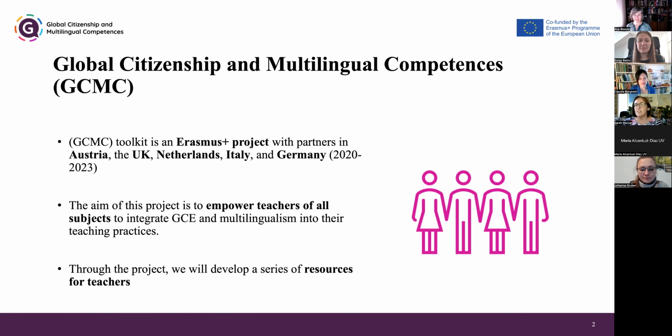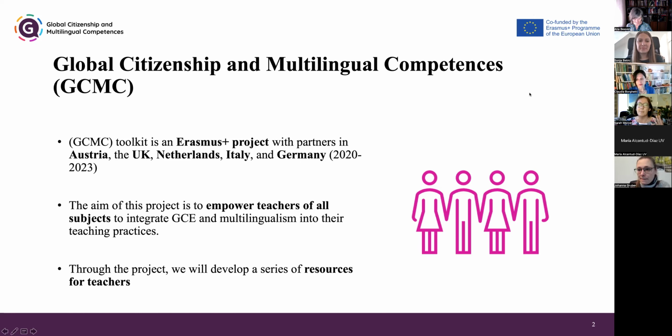The aim of this project: most of us involved have some kind of background in language teaching, and we have a strong interest in multilingualism. The interest in multilingualism goes together very well with the notion of global citizenship, and the two are quite closely connected. And we became keen to not only empower language teachers to understand more how they can incorporate global citizenship and also multilingual practices into their teaching, but also teachers of all subjects.